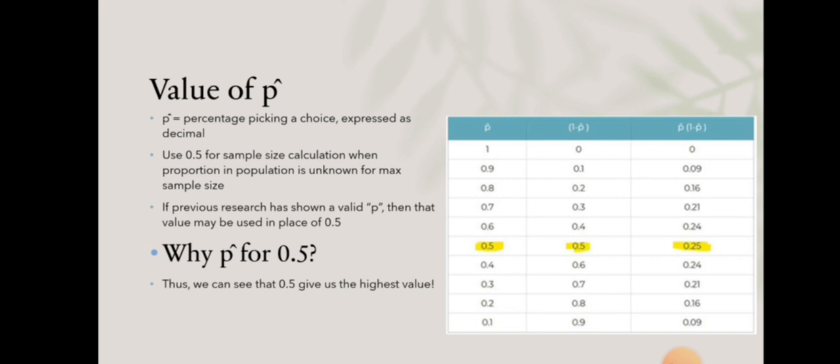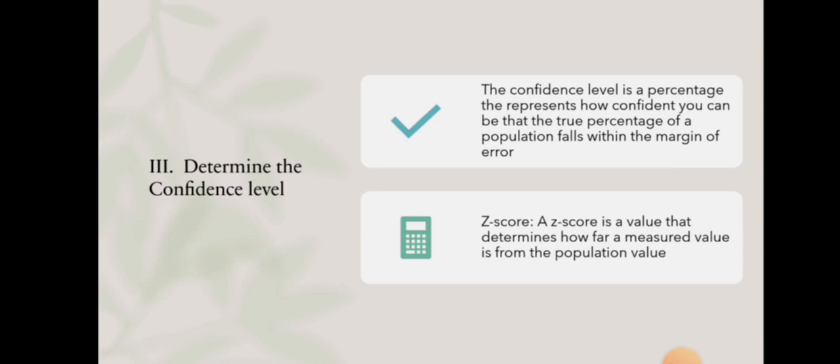The highest value from this table is when the P value is 0.5. Thus, we can see that 0.5 gives the highest value. That is the reason we use 0.5 for the value of P.